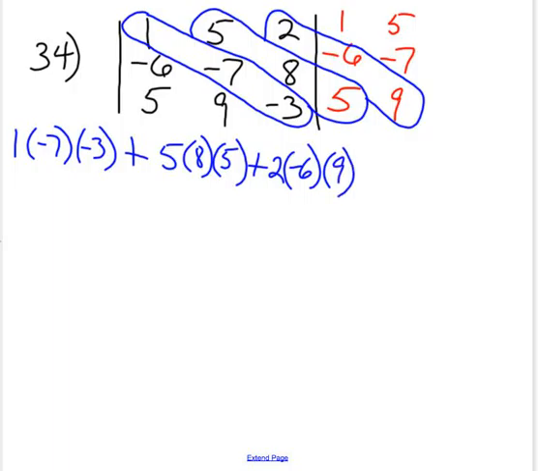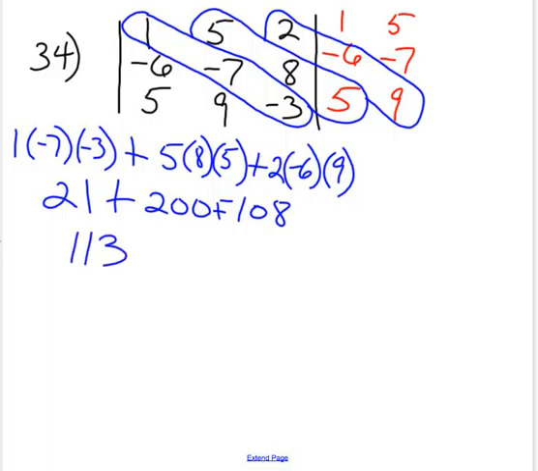I'm going to do all this multiplication and adding right now in this instance of space. So that will be 21. My middle term will be 200, and my third term will be -108. If I add up those three values, I get a total of 113. That's not my determinant yet.